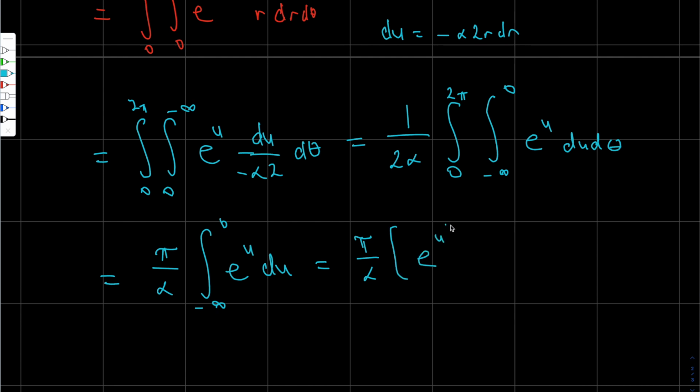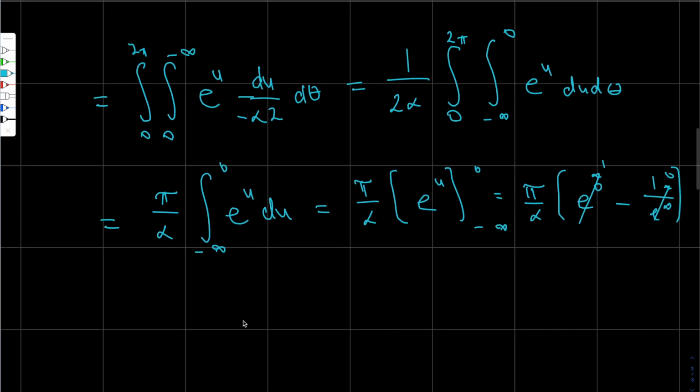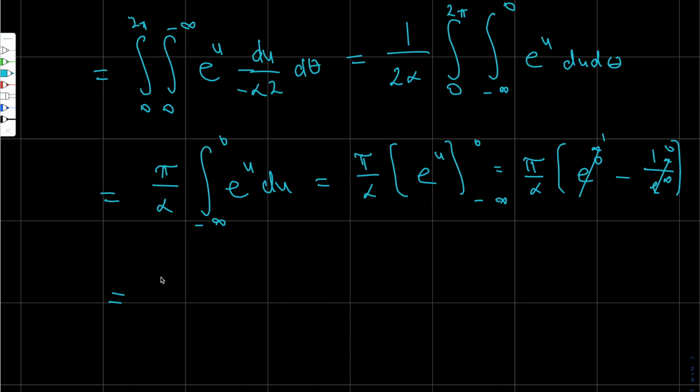E to the u from minus infinity to 0: e to the 0, well, this is 1. And then I get a minus 1 over e to the infinity, and that's 0. So I get pi over alpha. Okay, so what is this equal to?